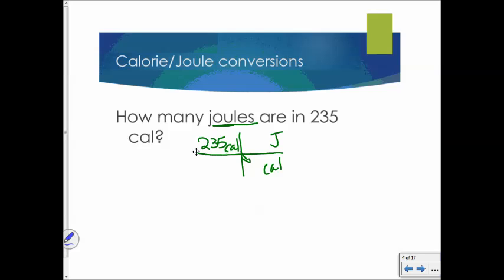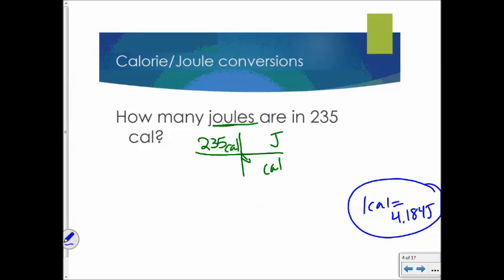Now, if we remember from the last slide, 1 calorie equals 4.184 joules. Oh, by the way, you do have to memorize this conversion because on the SOL they do not give you a table, a formula, or anything. Okay? So you need to know this one, the water one. Other ones they'll provide you, but water is significant, so you do have to memorize the water value.